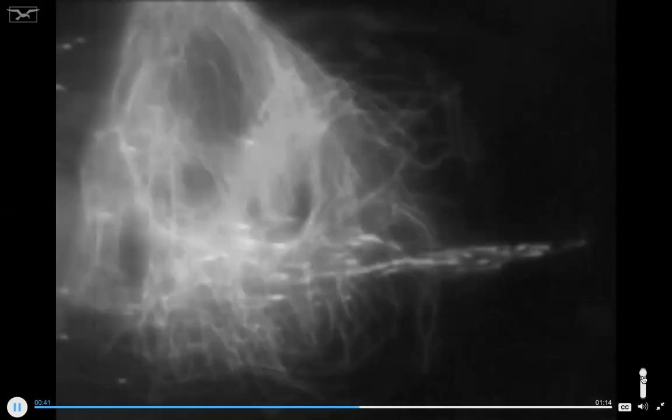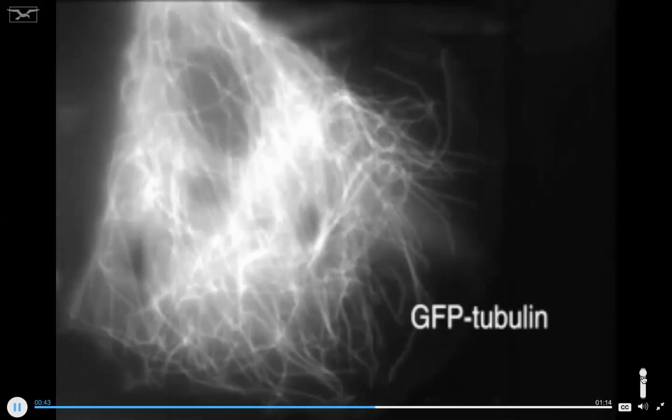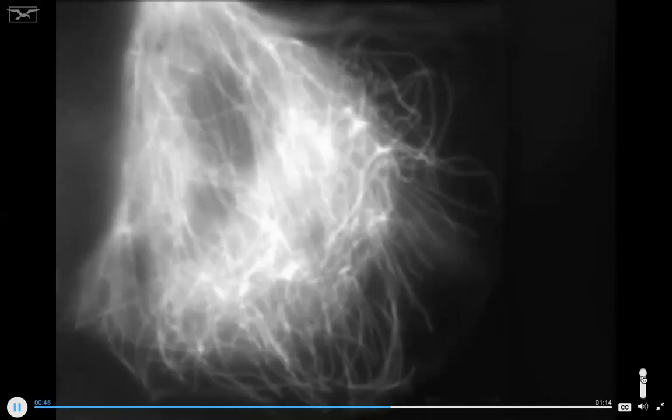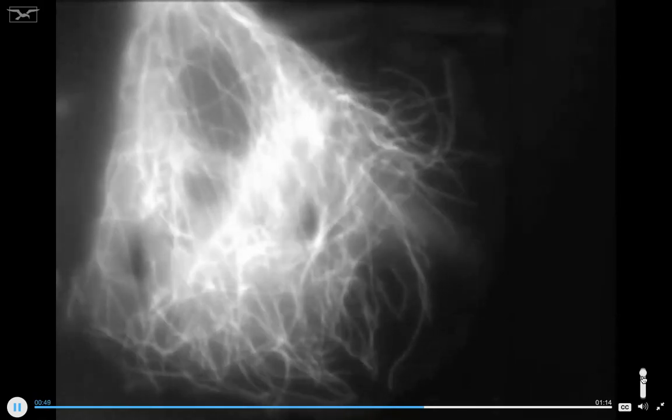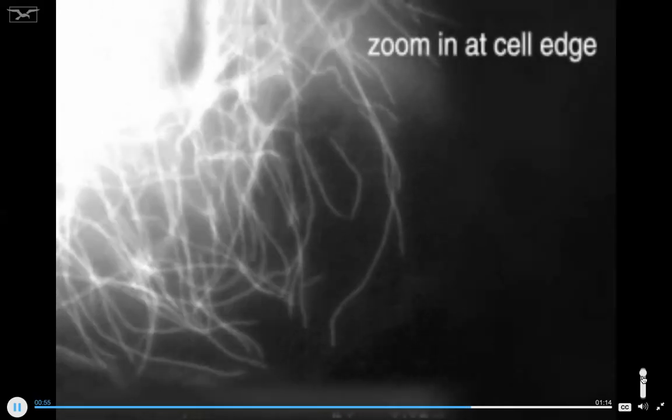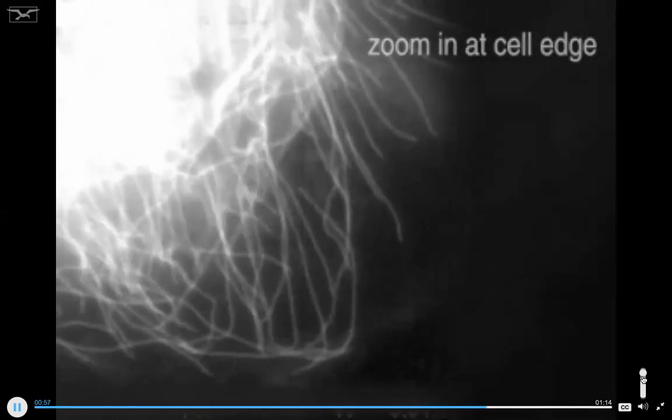Those that are static or shrinking have lost their GTP tubulin caps and do not bind EB1. In contrast, when all microtubules are labeled with GFP tubulin, the true extent of the microtubule cytoskeleton emerges. Both growing and shrinking microtubules can be observed.